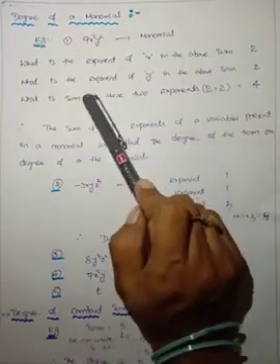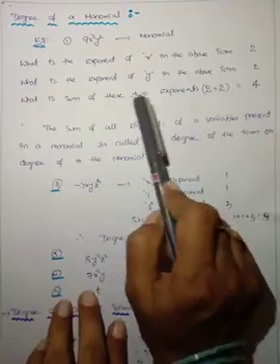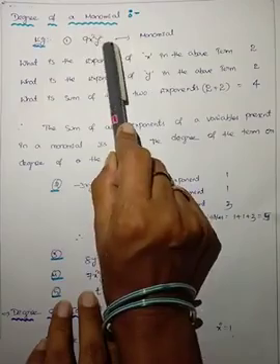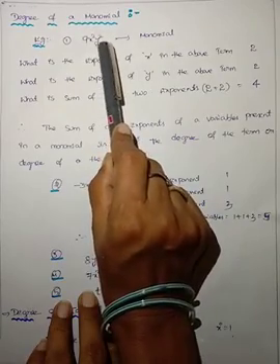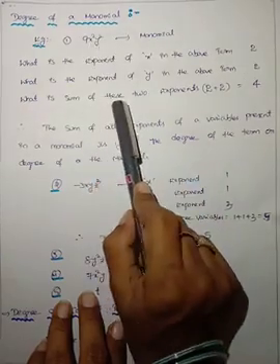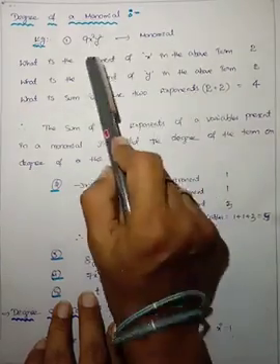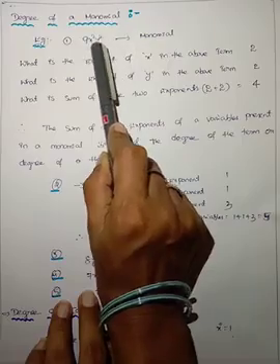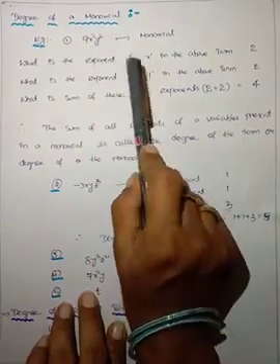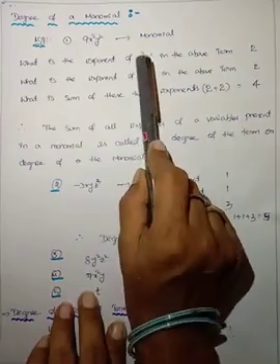If we add the two exponents, what is the sum of these two exponents of the variables?